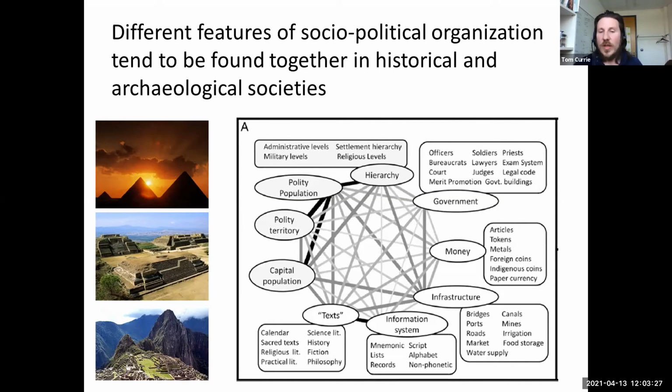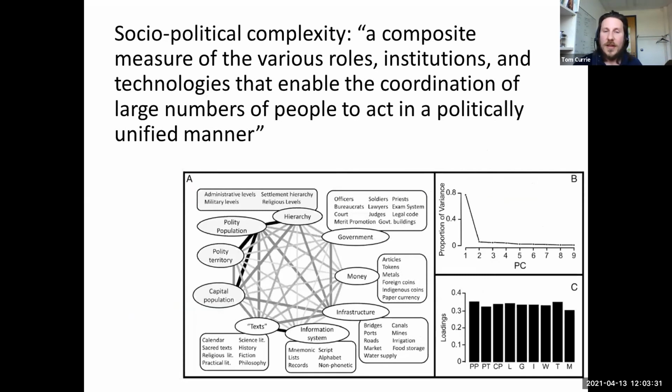And so we argue that this is evidence that we can usefully categorize something called social political complexity as some kind of real dimension that can be measured across different societies.